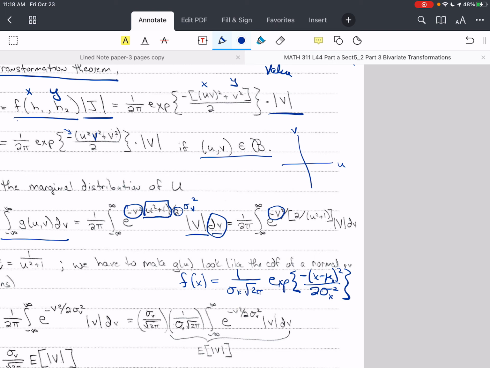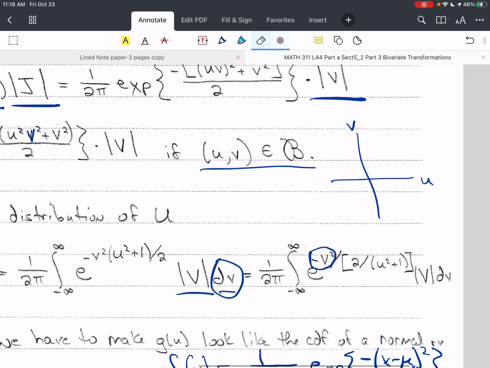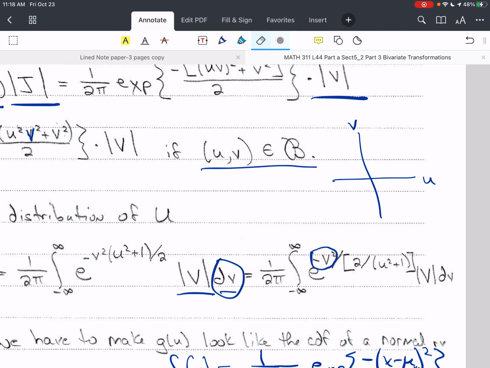Well, to do this takes a little algebra. We're factoring out the u squared plus 1 from the top, and we can move it to the bottom by taking 1 over that. I can take negative v squared times u squared plus 1 over 2, and I can multiply the top and the bottom by 1 over u squared plus 1.